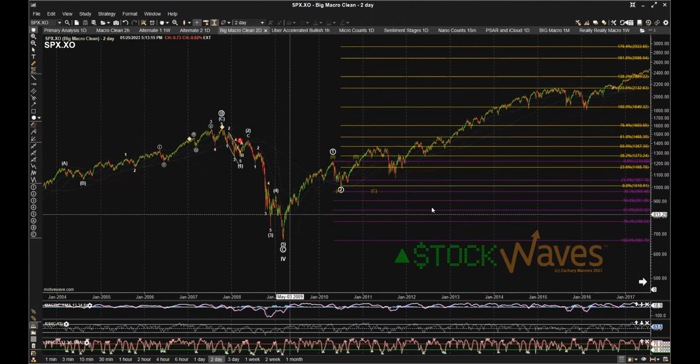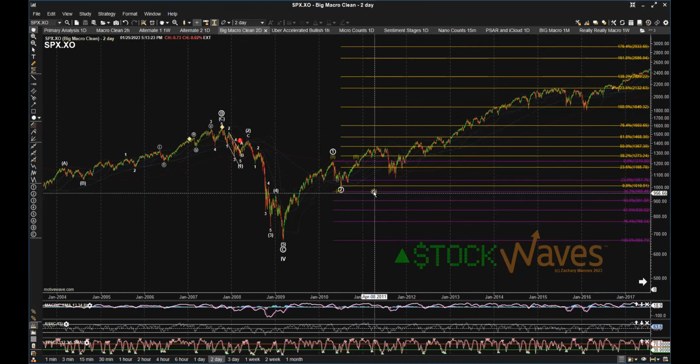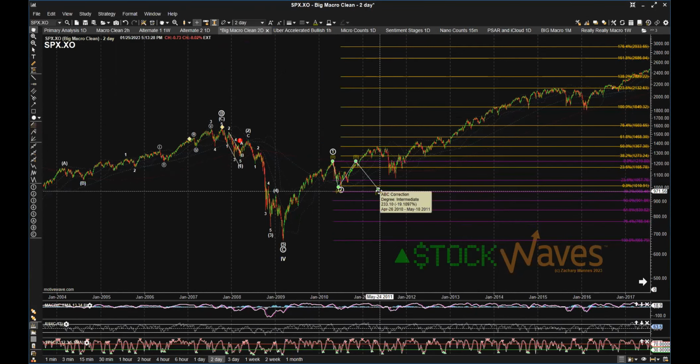But when we're evaluating for risk reward purposes, we're saying, okay, at this degree, we could still end up getting more of a flat consolidation for wave 2, but that's still going to hold, at the time, the 960s, 970 would be the ideal support.